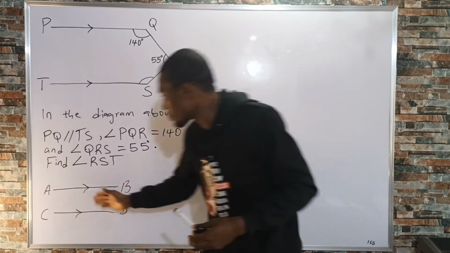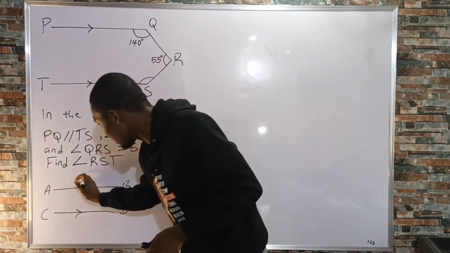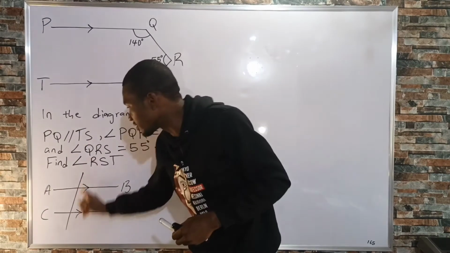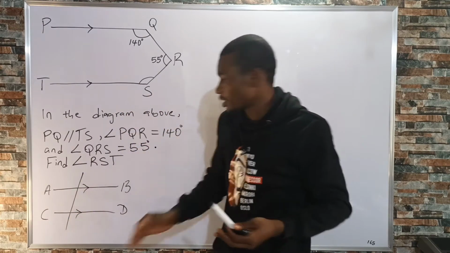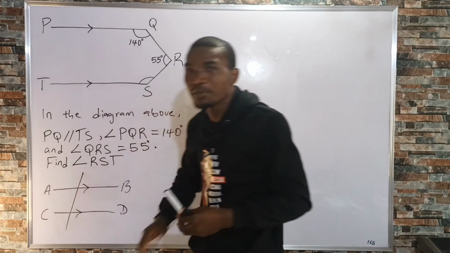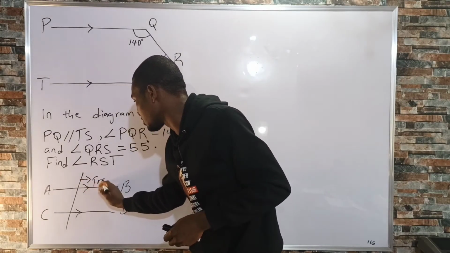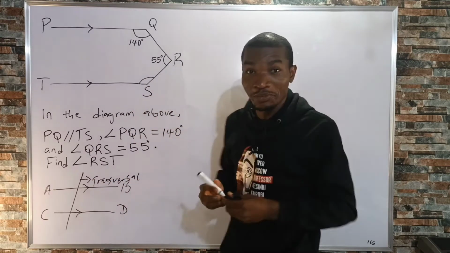Whenever we have parallel lines of this form and a line that crosses them, this line that cuts the parallel lines, we call a transversal.